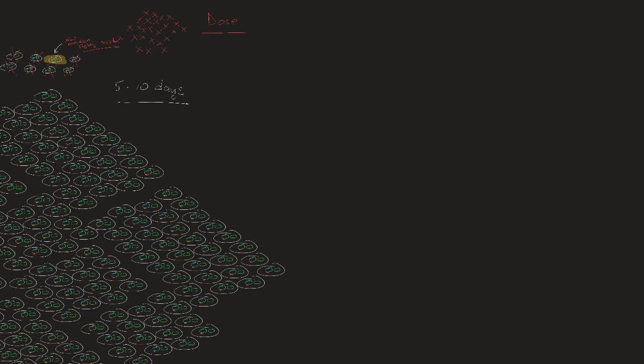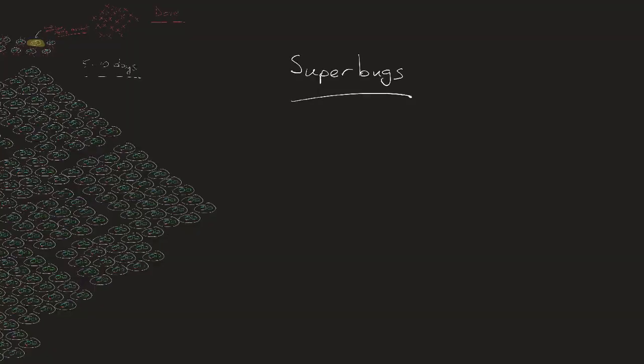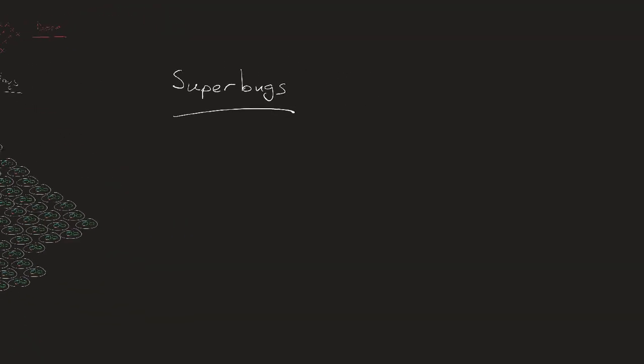And so there are some strains, these superbugs, which we have a lab on. Once we get our lab supplies in, we'll do the lab, and I think you'll understand better when we do it. And by the way, in the lab, we will actually see this happen. We will make a bacterial strain that is resistant to an antibiotic.